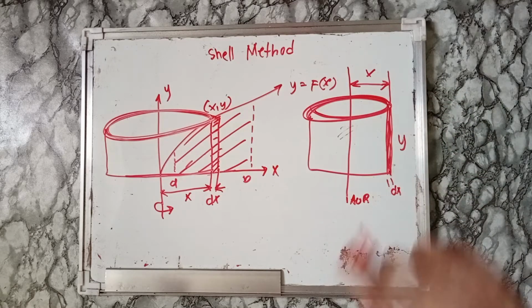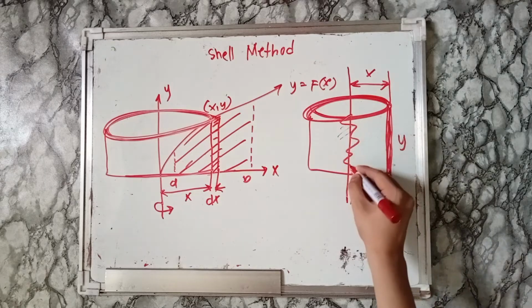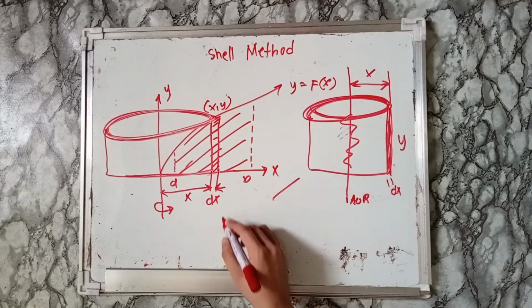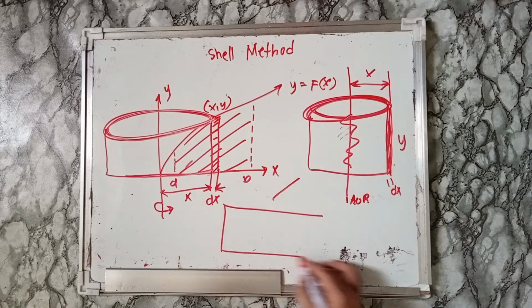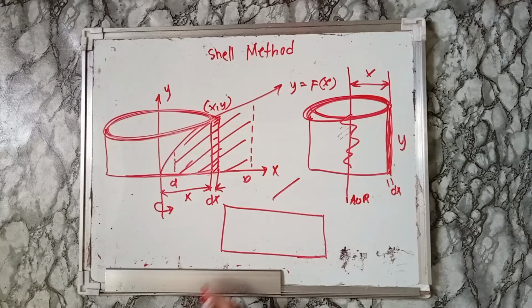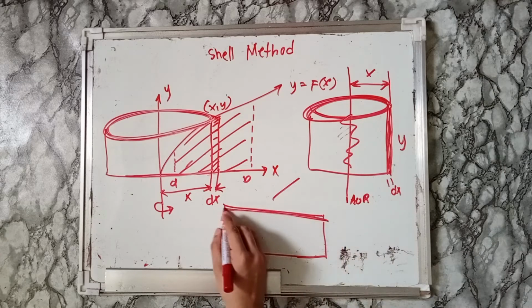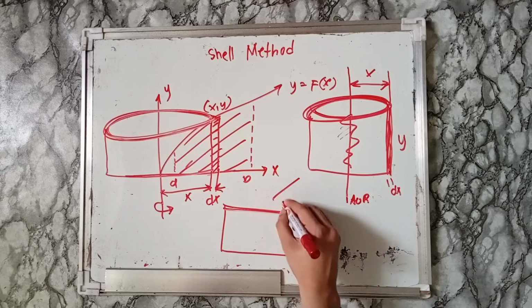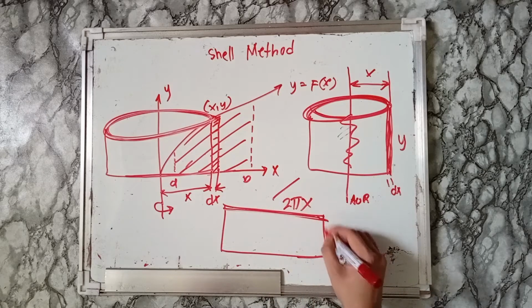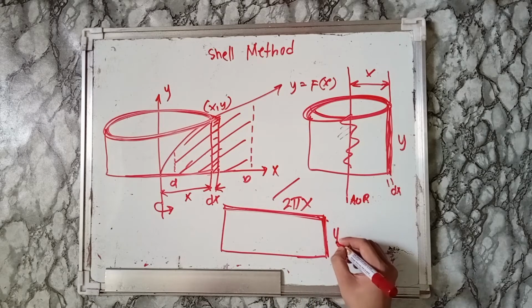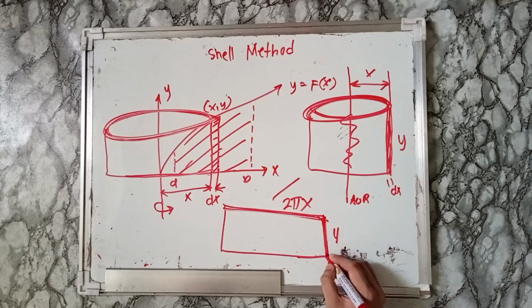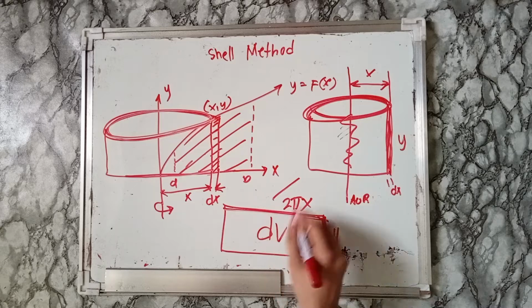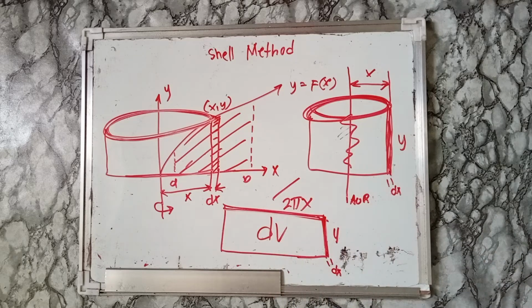Now if we cut this and spread it, it will look something like a rectangle, right? So on top, this is just 2 pi x, and of course this is just y, and don't forget the dx, and this is our differential volume.